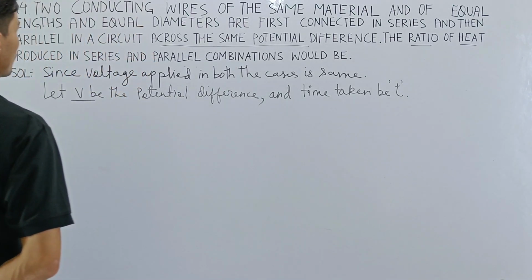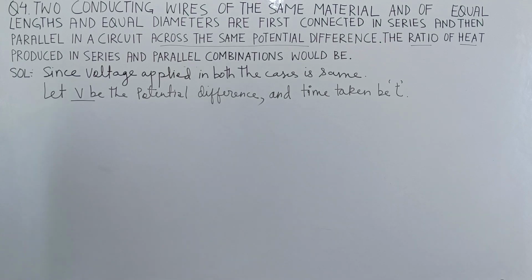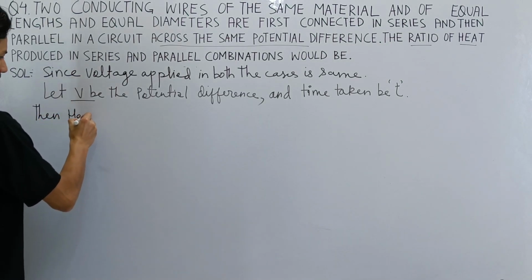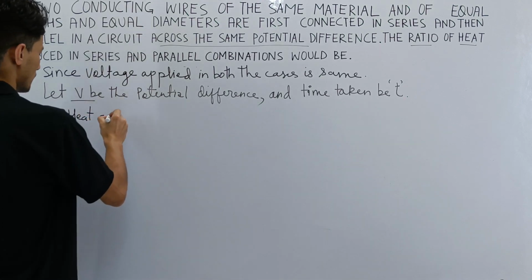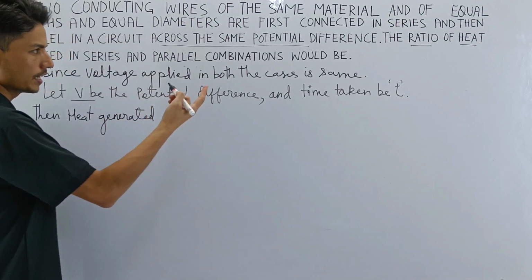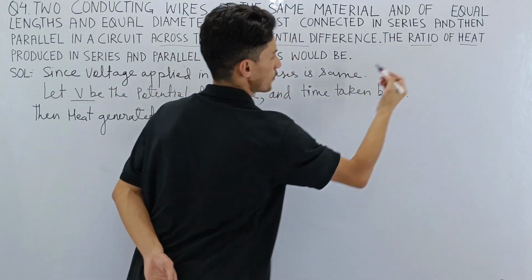We are going to bring a formula of heat. So now we'll calculate heat. Then heat generated, because this question is asking heat only, so we'll have to deal with heat.